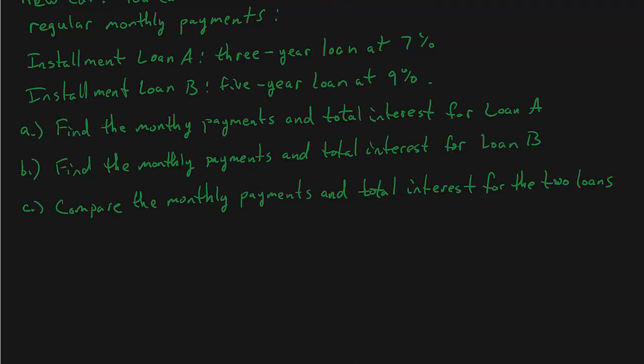Let me move this down so we can have some place to work. Let's go ahead and figure out part A. The first thing I think you should do is write down the formula that we're going to use. We're going to use the same formula for parts A and B, since we're just finding the monthly payments.